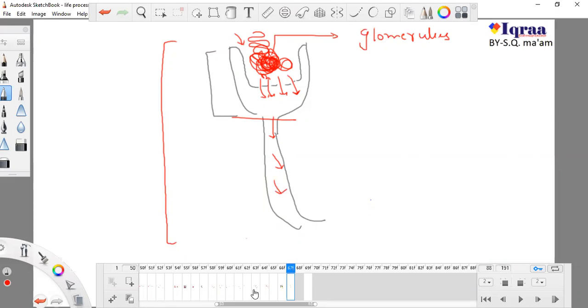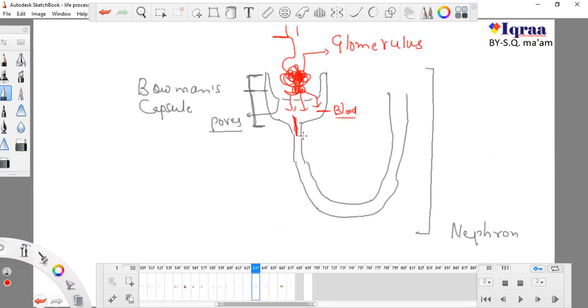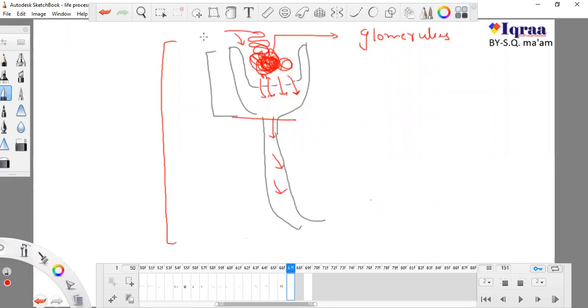So what happens exactly is that this is our blood capillary. This blood capillary came near this nephron to purify blood, to remove waste.